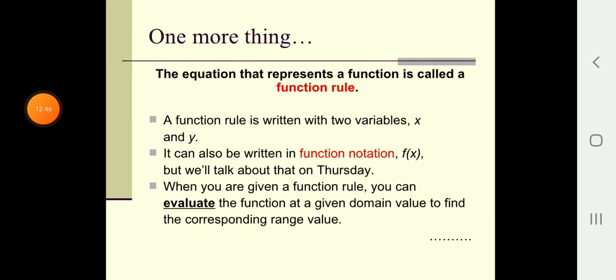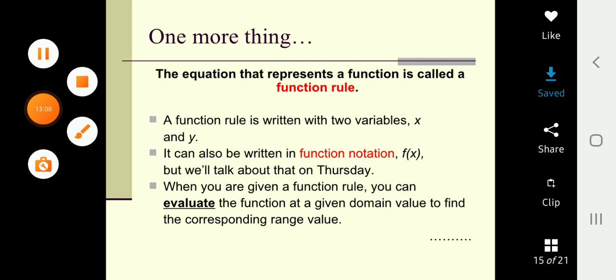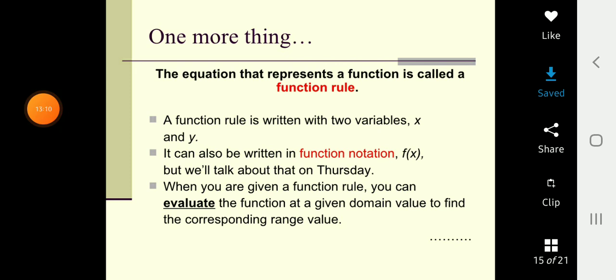One more thing: an equation that represents a function is called a function rule. A function rule is written with two variables, x and y. It can also be written in function notation, f(x), but we will talk about that later.